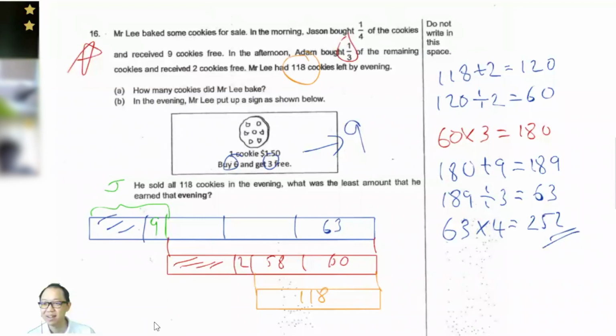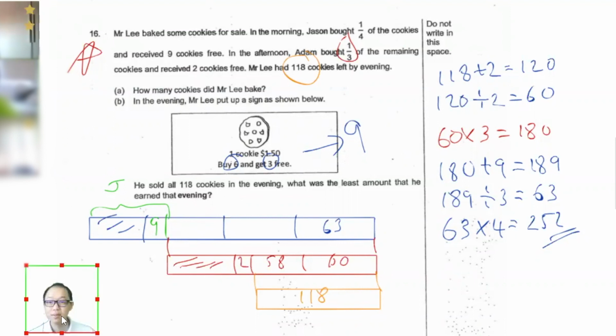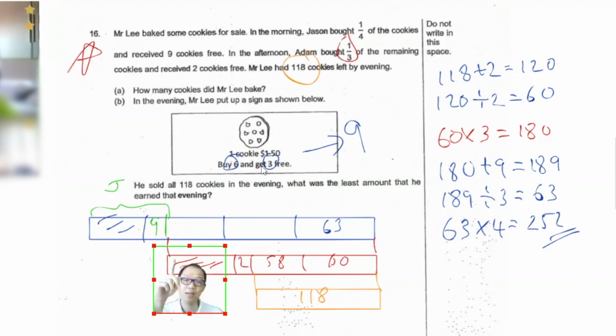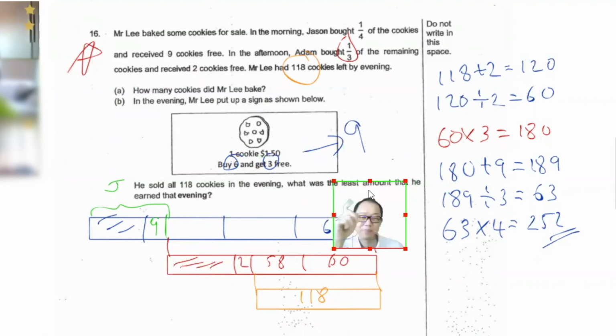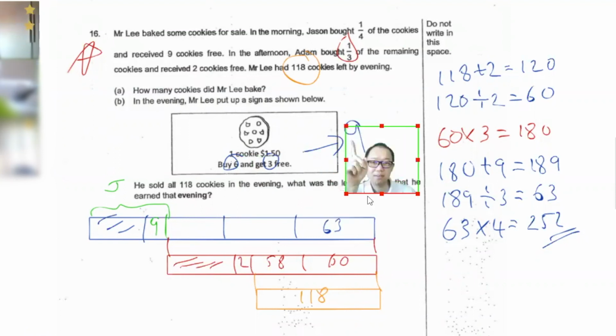Daniel, type out the answer again. Okay, so now how do we solve the second part? Sorry, I got carried away a bit. Now for the second part, we know that one packet has got 9 cookies.